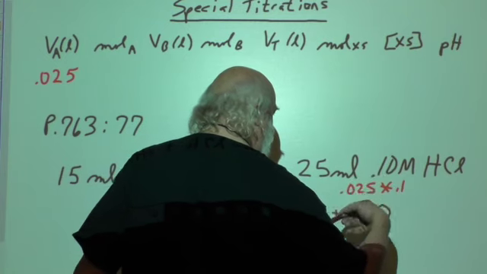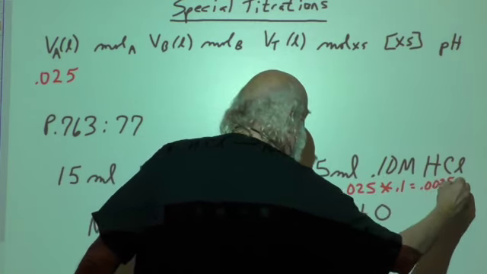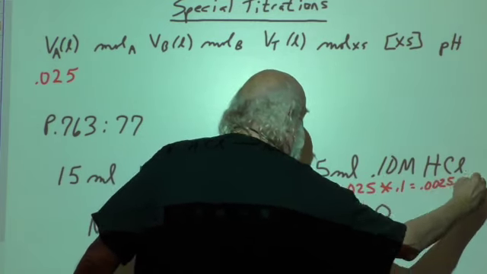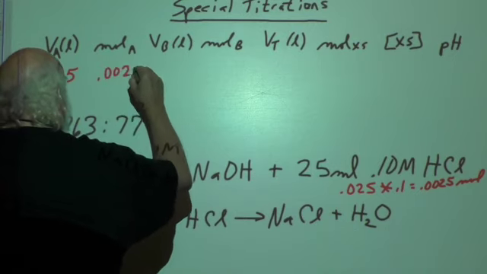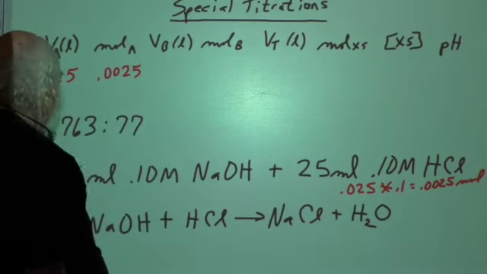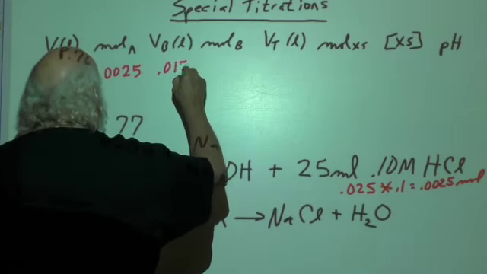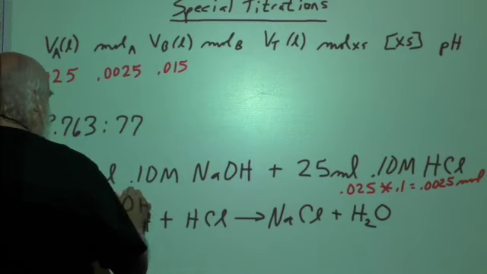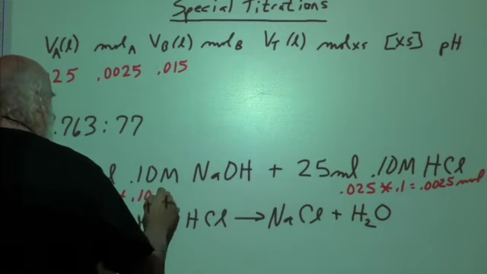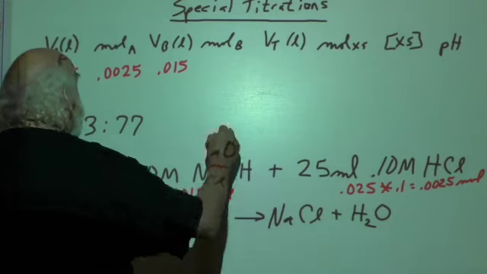The liters cancel out and you get 0.0025 moles of HCl. So that's your acid, 0.0025. Your volume of base is 15 milliliters, so that becomes 0.015 liters. We take 0.015 liters and multiply by 0.10 moles per liter, we get 0.0015 moles.